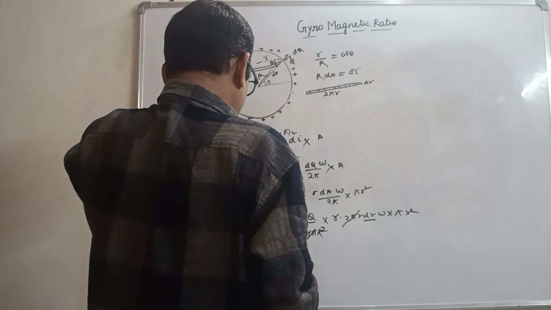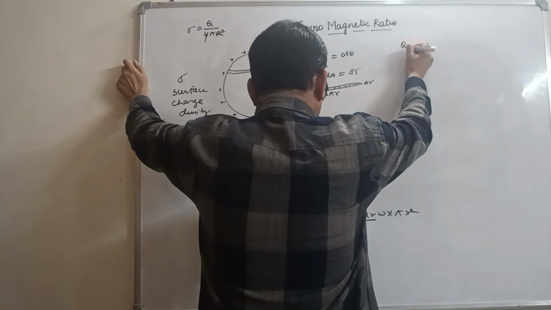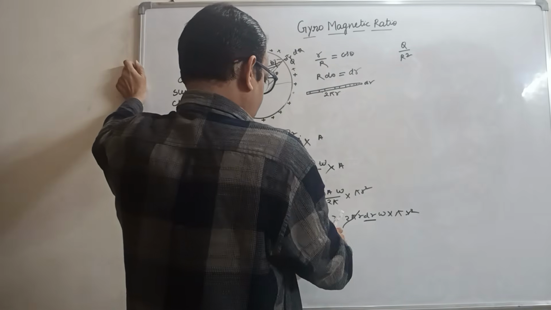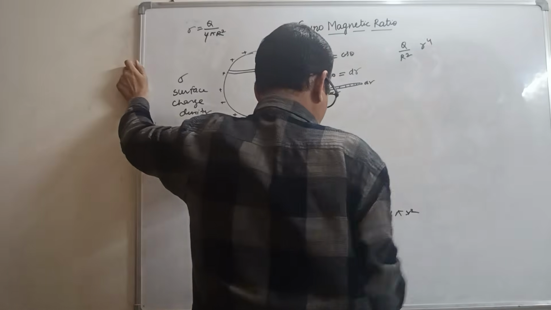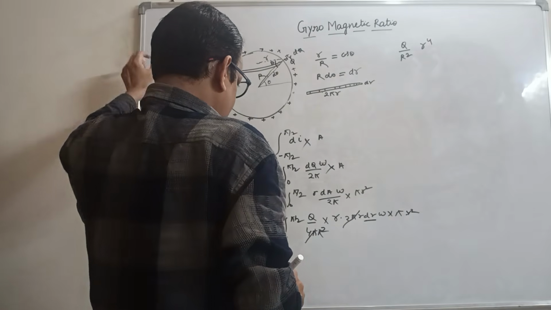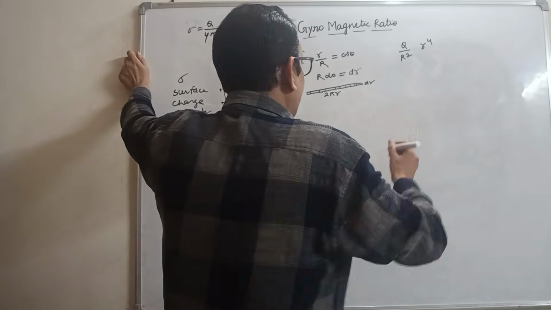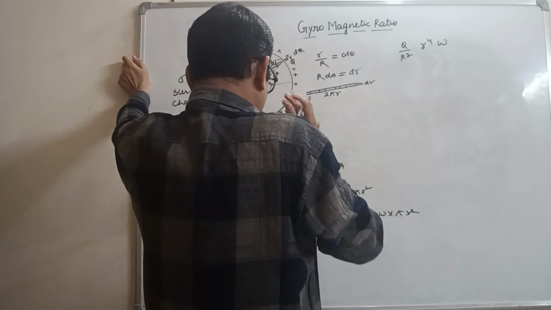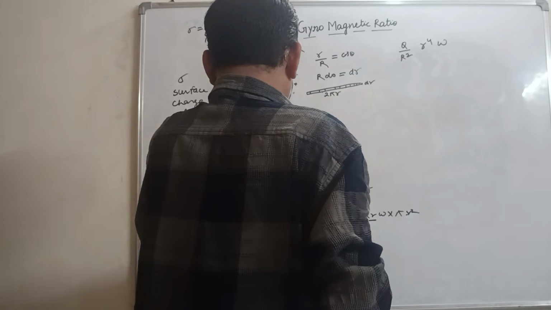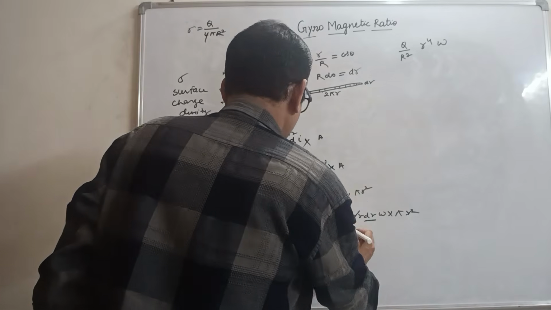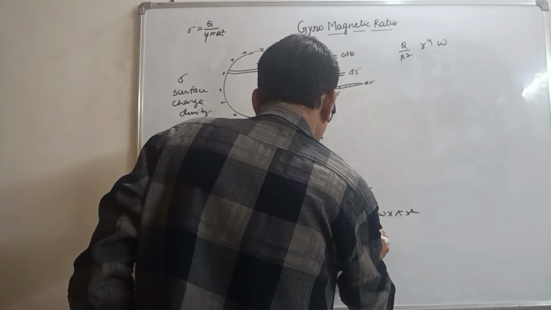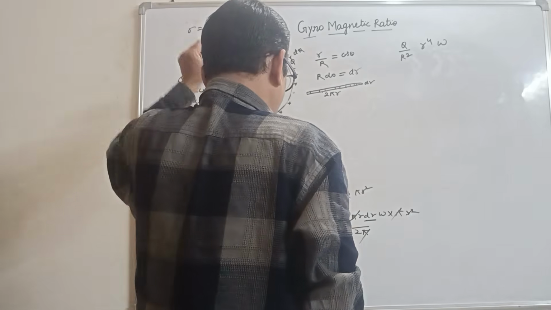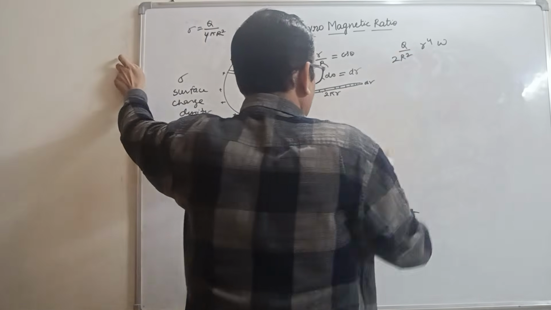We have q upon R square, r power 4, omega, dr, and pi also here. dq upon 2 pi here, so pi cancels, and 4 pi, 2 pi cancel.